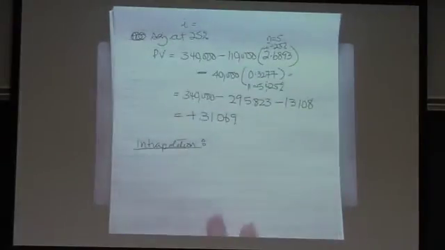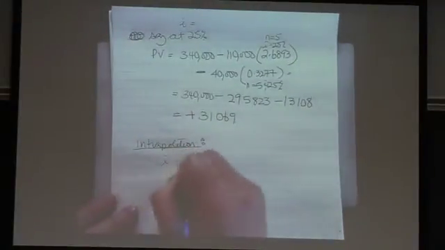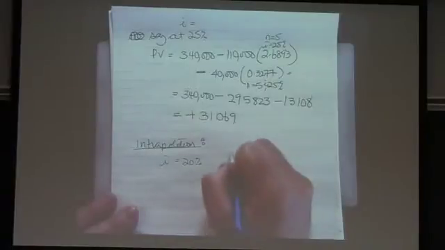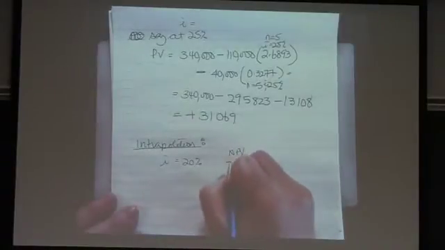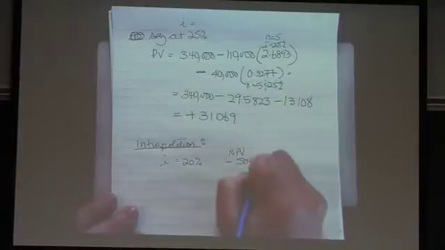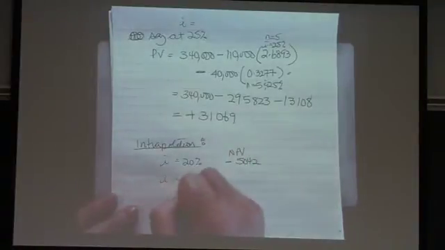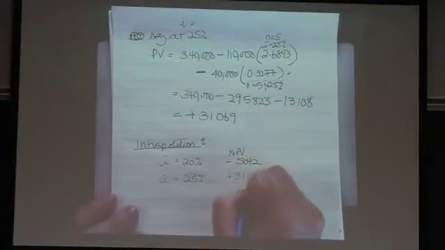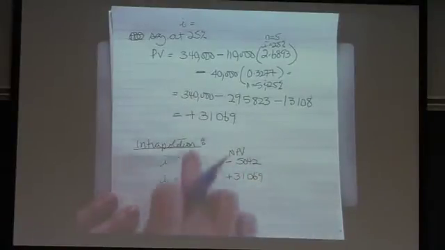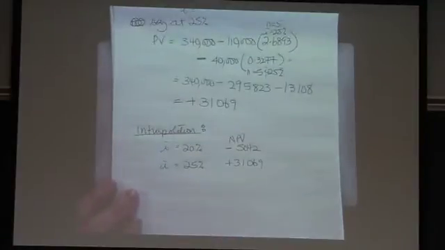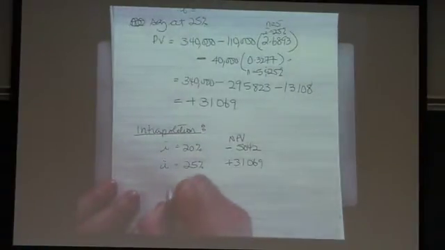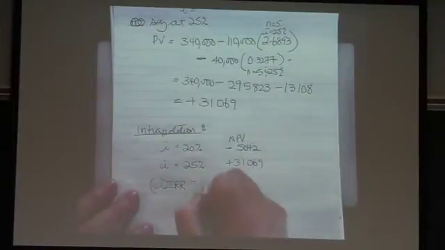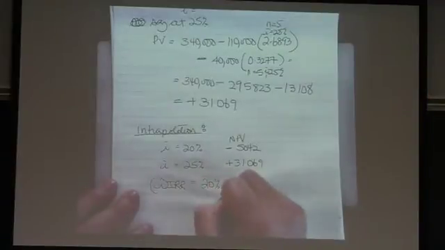So let me show you how to do this. So I equals 20%, I have an NPV of minus 5042. At I equals 25%, I have an NPV of plus 31,069. So I know it's between 20 and 25. So I know that the interest rate called IRR equals 20% plus.